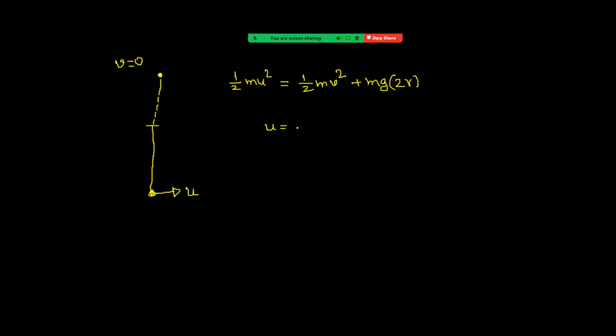That means the u value is root of 4gr. This is the minimum speed we have to provide at the bottom so that it is able to complete vertical circular motion, right? And here also we can find the speed at different points by using energy conservation like this.